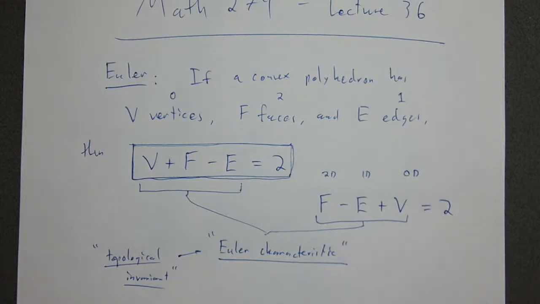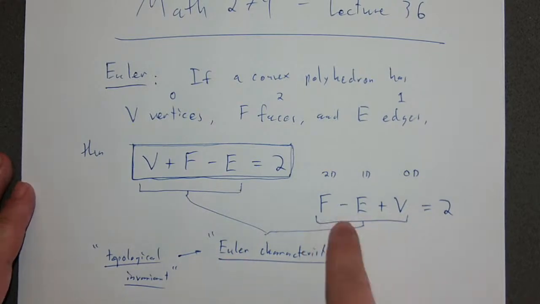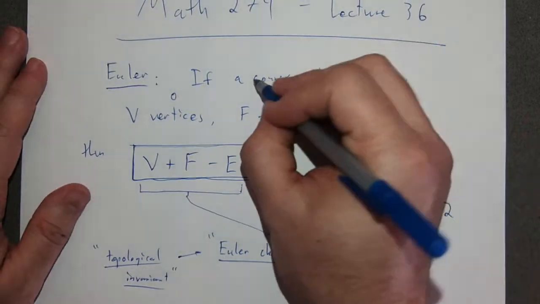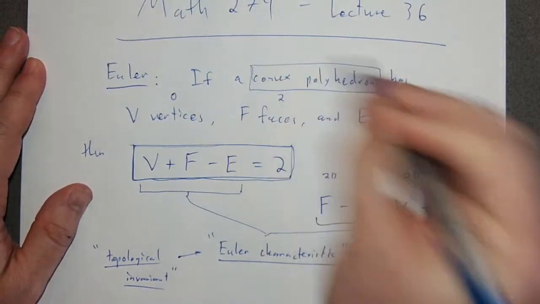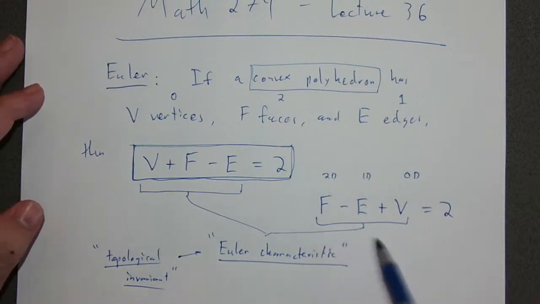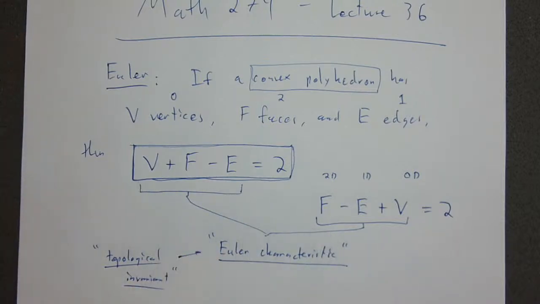I'm not going to define the Euler characteristic in general, but why is the Euler characteristic of a convex polyhedron 2? Of course, Euler did not define the Euler characteristic in the more general way that it came to be known. That was done hundreds of years later. But he was the first to write out the Euler characteristic in this special case of a convex polyhedron.